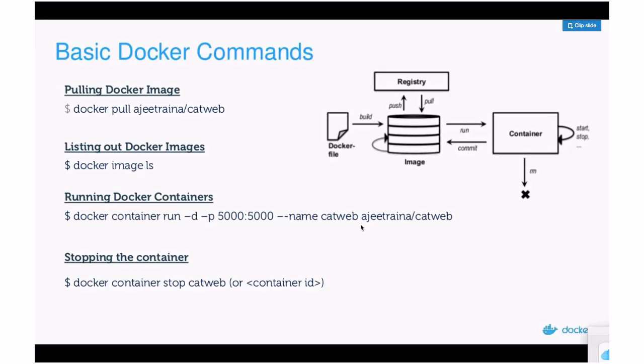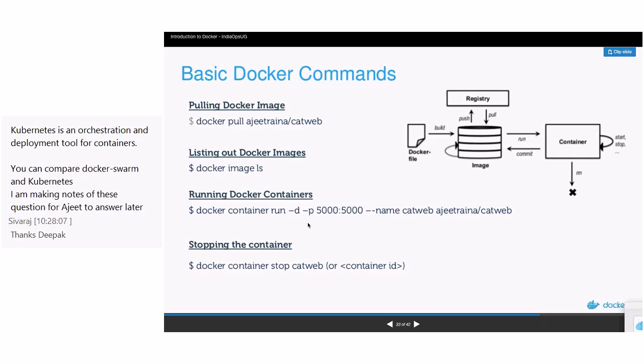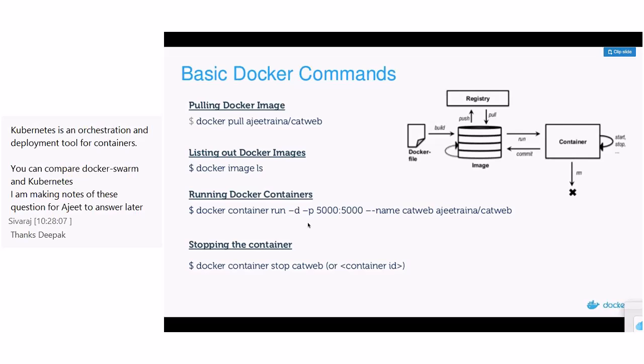When you have an image and you say docker container run or docker run, it runs that particular image. The image you are seeing, ajeetraina/cat-web, is an application which will display a GIF file in the web browser. If you look at this command, docker container run -d means daemon, so I want this application to run for a long-lasting purpose.